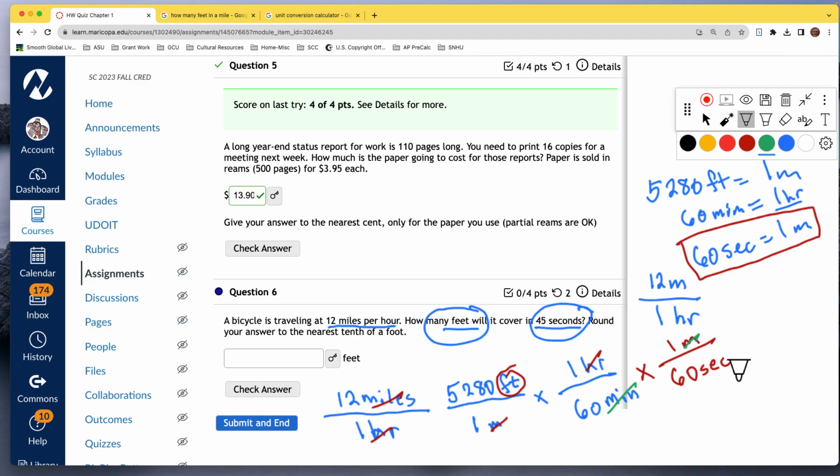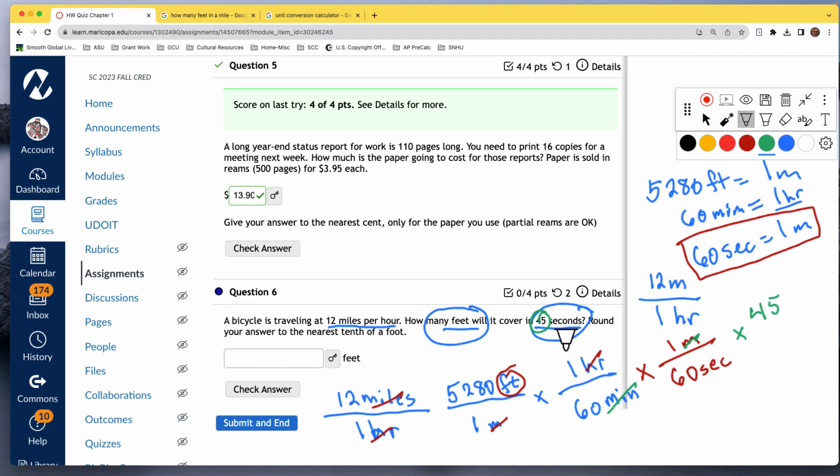And we want 45 seconds, not 60 seconds. So this is actually getting us what we'd get in 1 second, so we're going to multiply by 45, because otherwise we've converted into feet per 1 second.